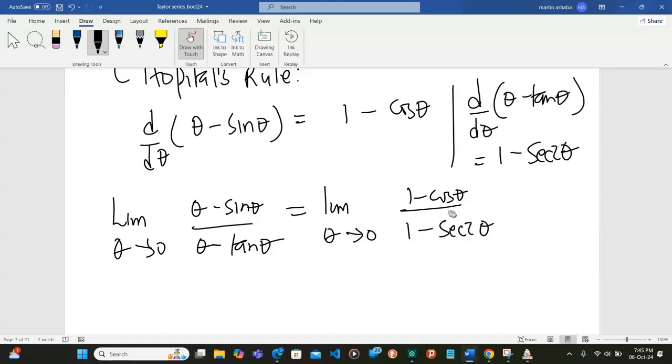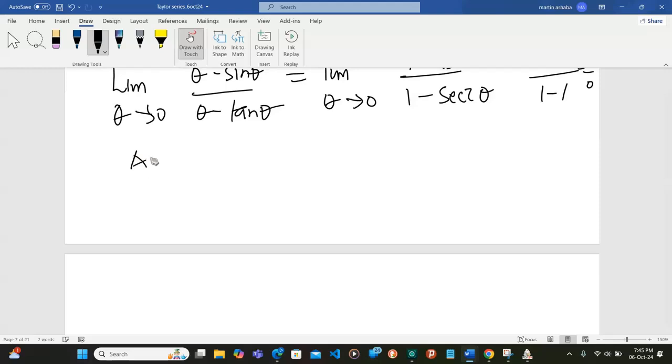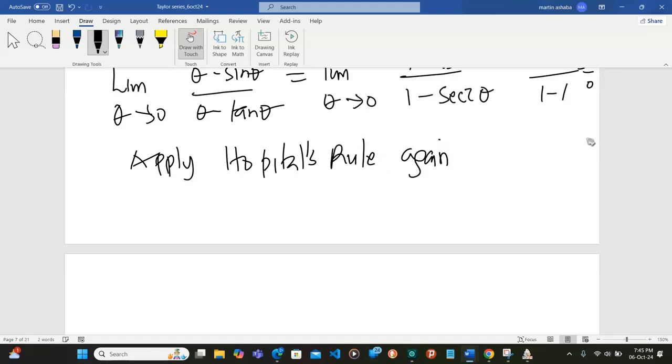When I substitute 0, I will have 1 minus 1 divided by 1 minus 1 again. And this is not good. This is giving us another indeterminate form. So we apply L'Hospital's rule again, until the indeterminate form vanishes.